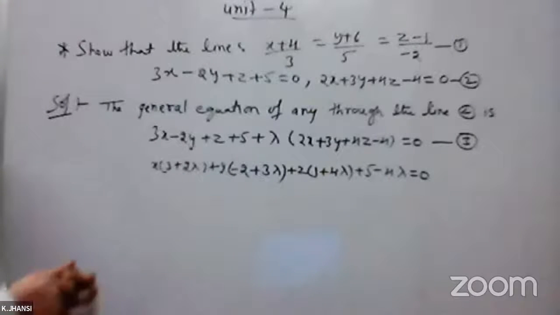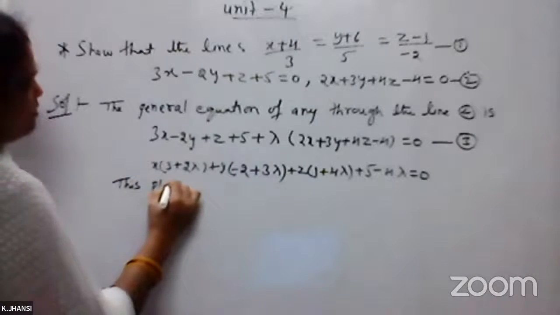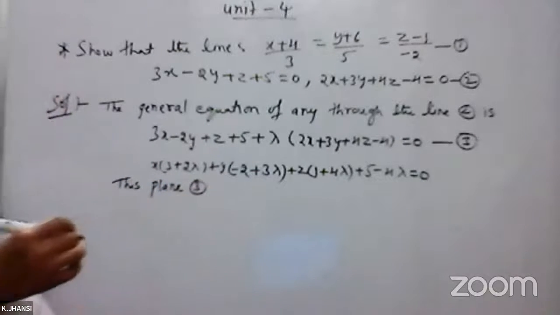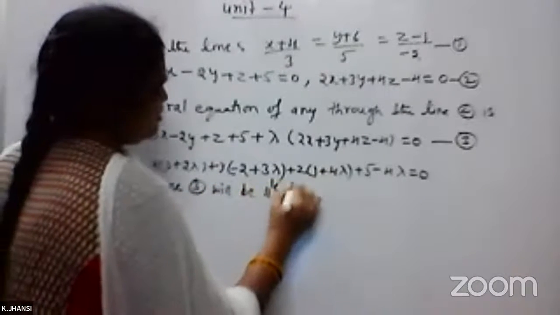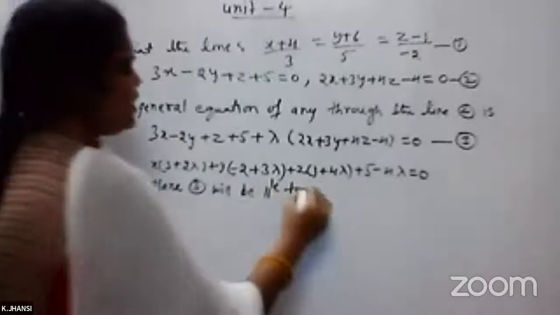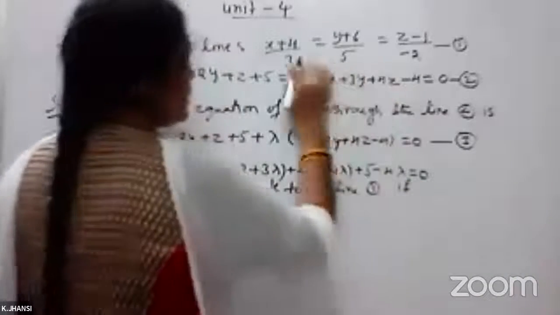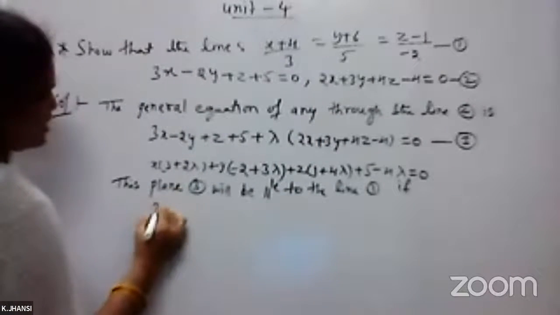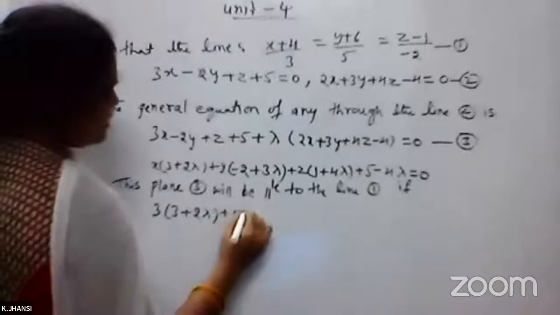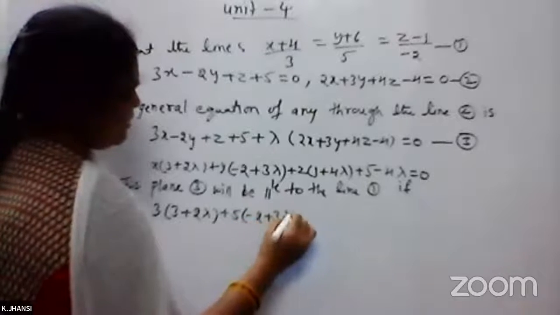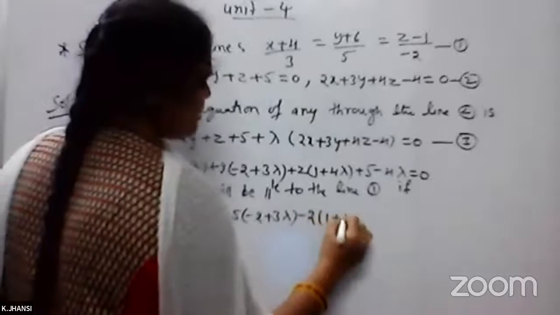Okay, so you write here, this plane 3 will be parallel to the line 1 if, so here the coefficients are 3, that is 3 into 3 plus 2 lambda, after that 5 into -2 plus 3 lambda, z is -2, that is -2 into 1 plus 4 lambda.